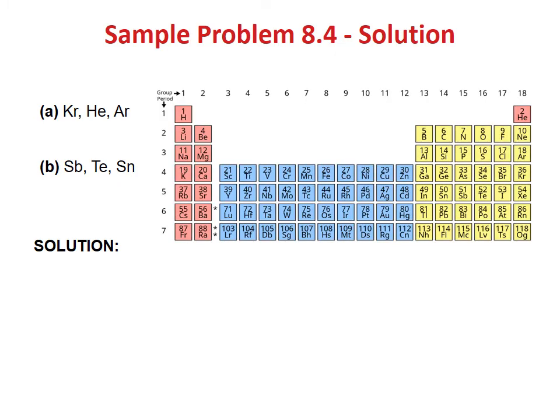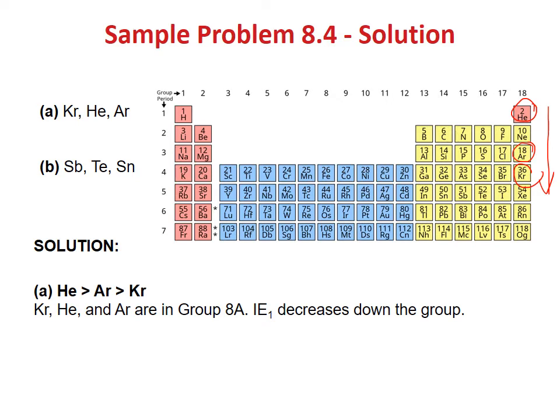In the periodic table, krypton is here, helium is here, and argon is here. These elements are in the same group, and down a group the atomic size increases and ionization energy decreases. Therefore, krypton has the smallest ionization energy, and helium has the largest.